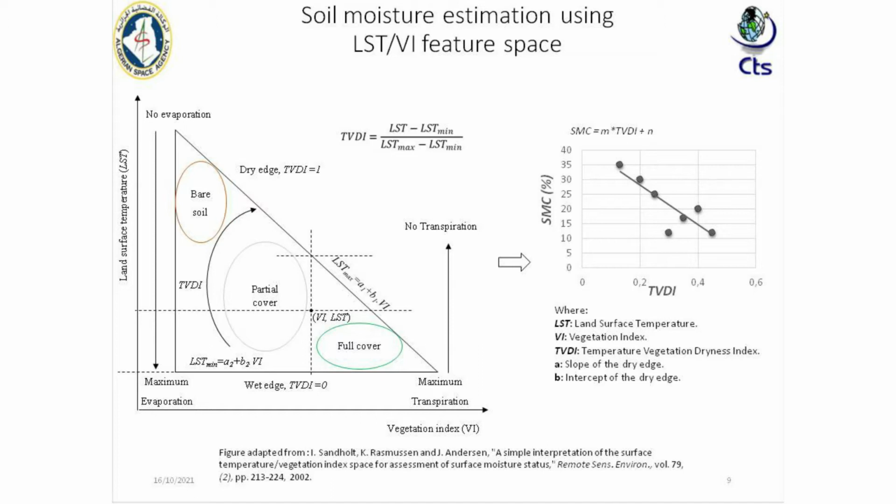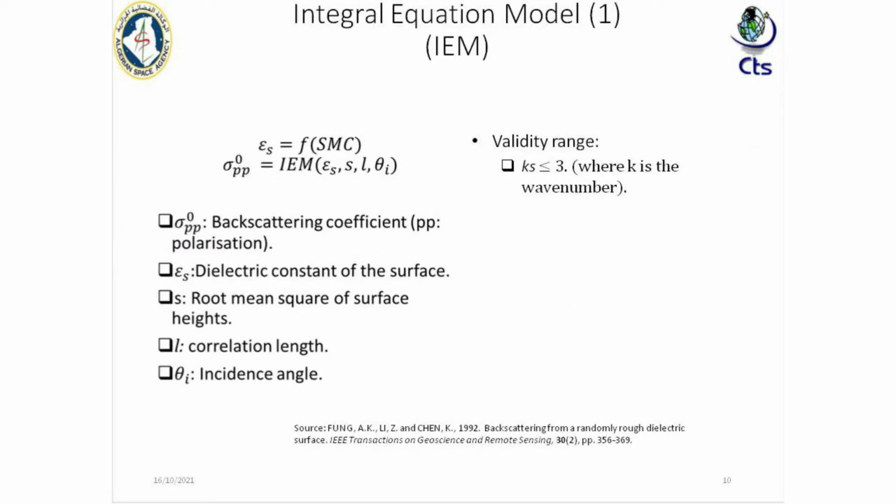So basically, we needed another type of sensors, which is active microwave sensors, or more specifically SAR. One of the most popular soil moisture content estimation methods through SAR is the integral equation model, and it uses the implicit relationship of the dielectric constant with the soil moisture content. That's what we're using to estimate soil moisture content.